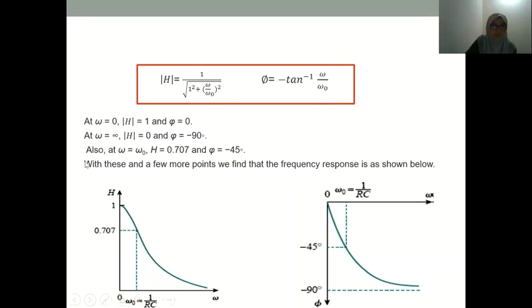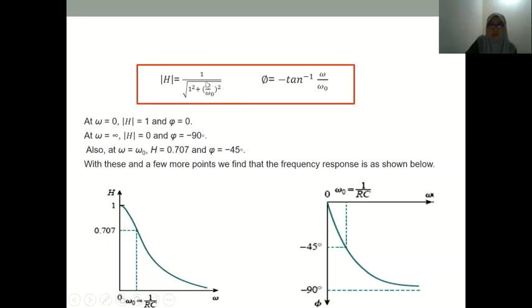Another critical point is omega equal to omega naught. It will give you 1 over square root of 2, so your magnitude is 0.707.